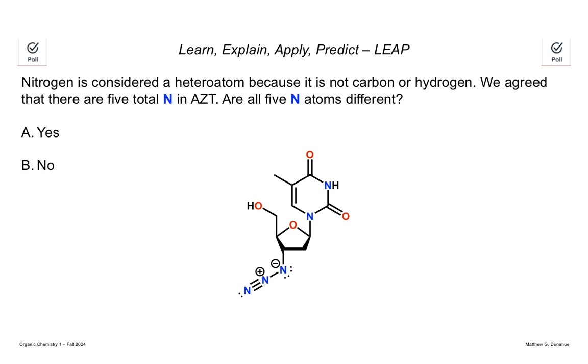So we counted 5 nitrogen atoms. And again, the heteroatoms are explicitly shown as their abbreviation from the periodic table. So oxygen is O, nitrogen's N, fluorine's F, etc. So are all 5 nitrogen atoms different?